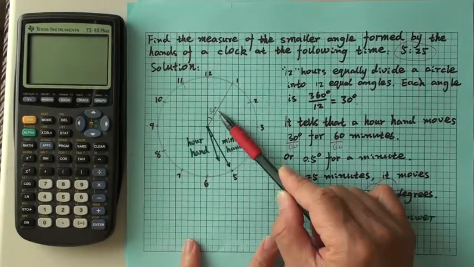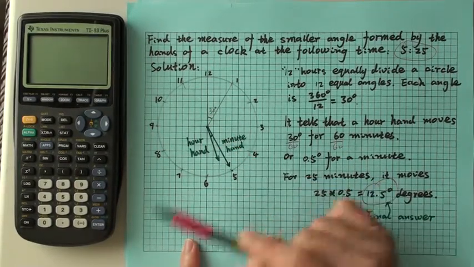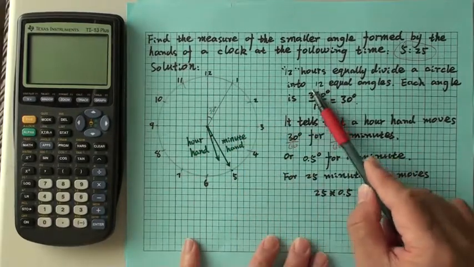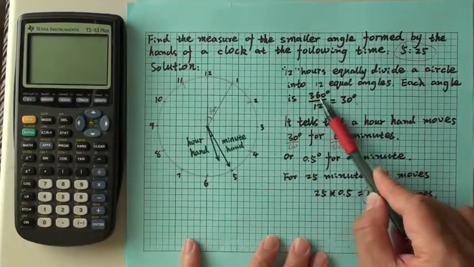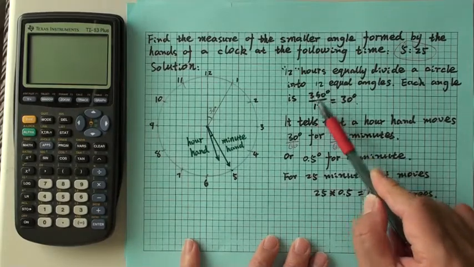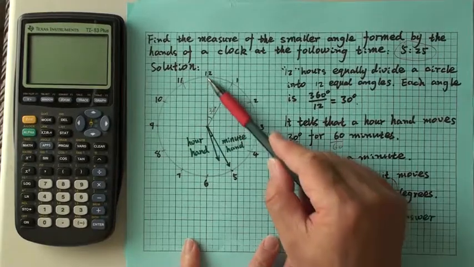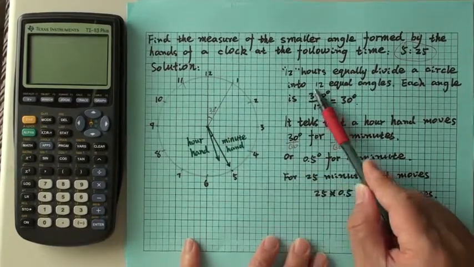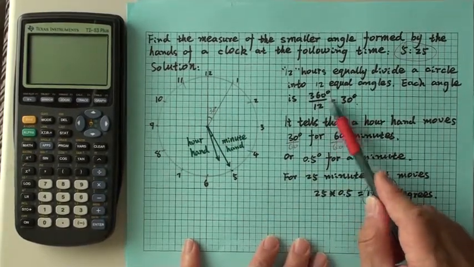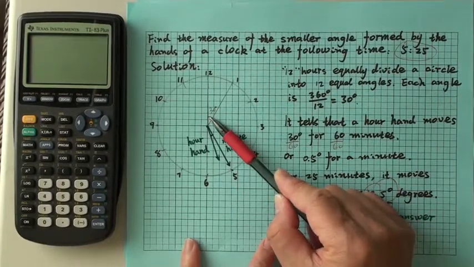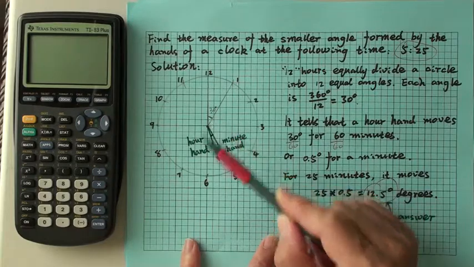I marked here 30 degrees. Why? It's because the whole circle is 360 degrees and you have 12 equal parts. So this part is 360 degrees divided by 12. So this angle is 30 degrees.